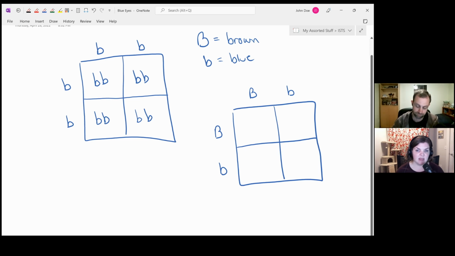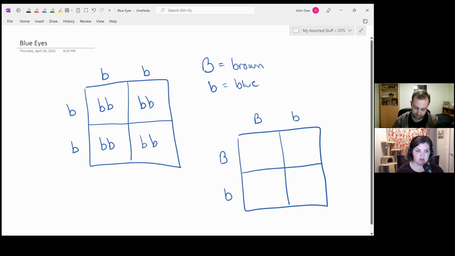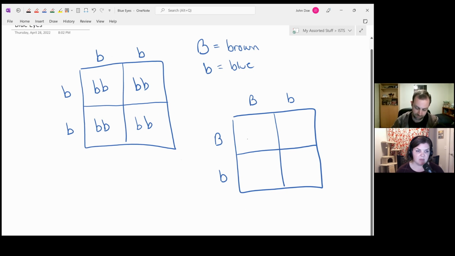Then when you match these up in these 4 squares, you would match up the 2 capital B's together. And then on the top right, you would match an uppercase B with a lowercase b. On the bottom left, you'd match an uppercase B with a lowercase b. But then those 2 little lack of melanin b's would be buddies. They would, in which case you could have a blue-eyed kid.